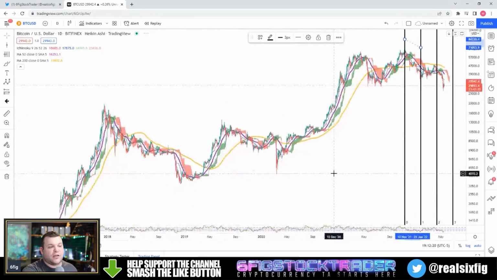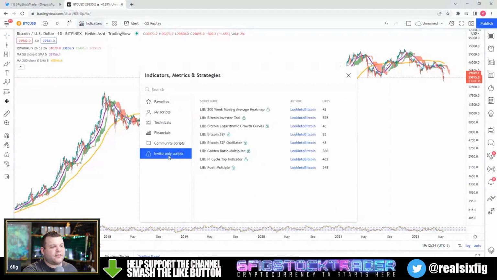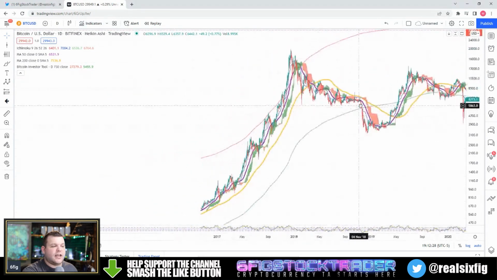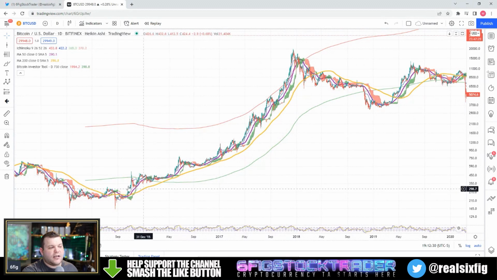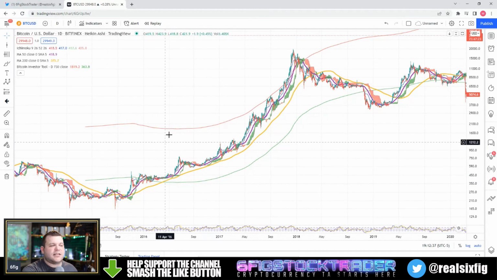Could possibly be. Let's look at Bitcoin at a super high level here, folks. We are going to pull up the Bitcoin investor tool. Now, this is a composition of two 750-day moving averages, and this is just a leveraged 5x version of this line here.